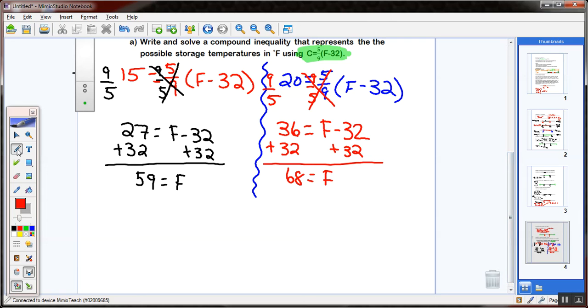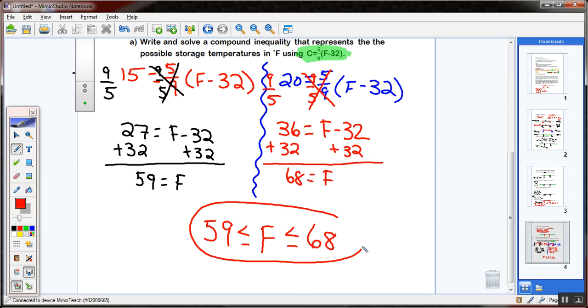I'm going to put my small value on the left, 59 degrees, less than or equal to our temperature, and let's use what variable here, kids? F, right? And that would have to be less than or equal to what, kids? 68. They're saying these Fahrenheit temperatures need to range from 59 to 68. And that would be the compound inequality for them. Okay? All right, any questions about anything there?